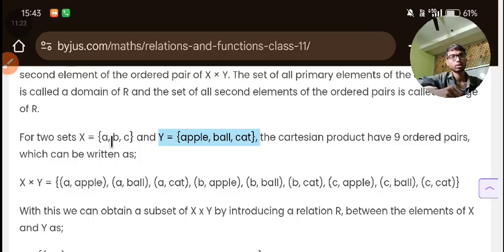You can see this is 1, this 2, this 3. Directly you can find it by just multiplying the number of elements of this set by the number of elements of this set. 3 times 3 is 9. The number of ordered pairs is 9.